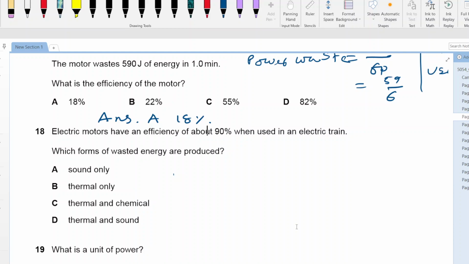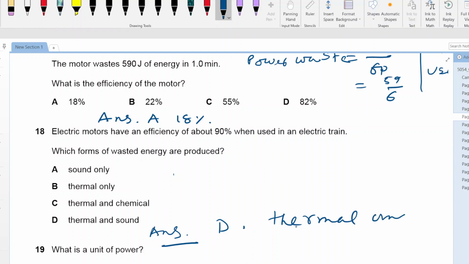An electric motor in an electric train makes sound, and when the train runs on the railway line, it produces heat. Therefore answer D, thermal and sound.